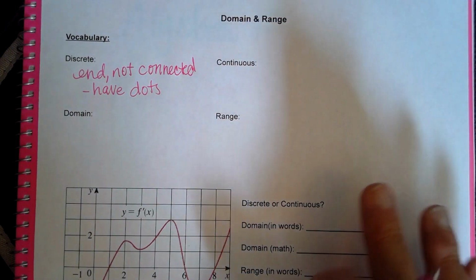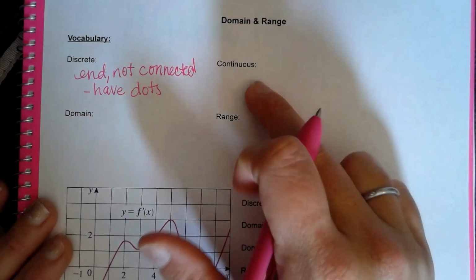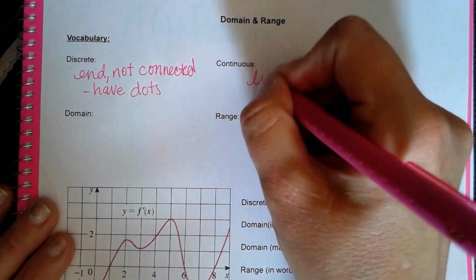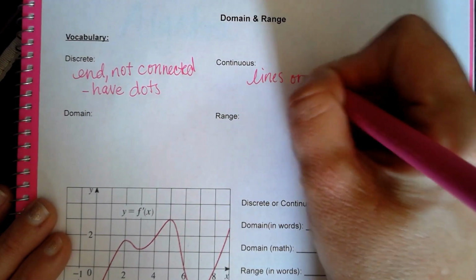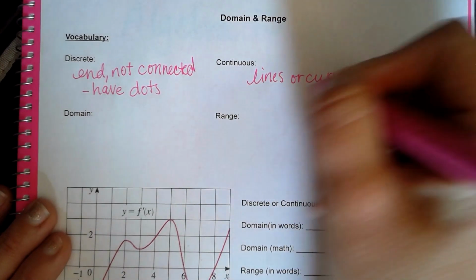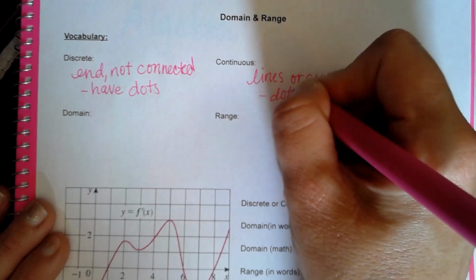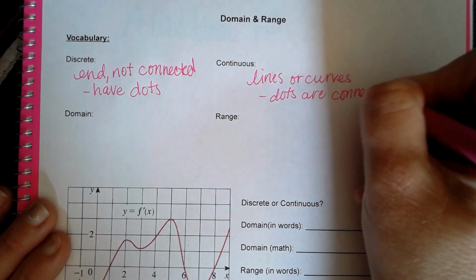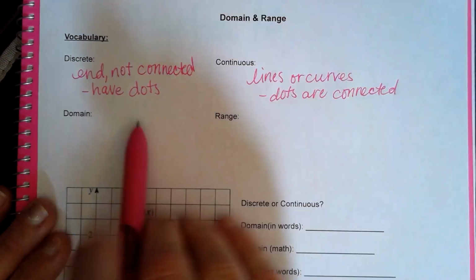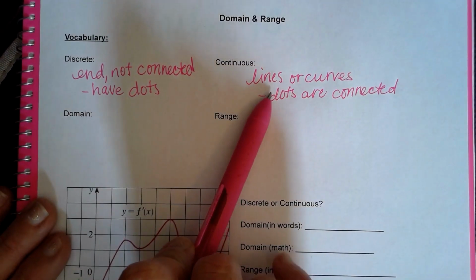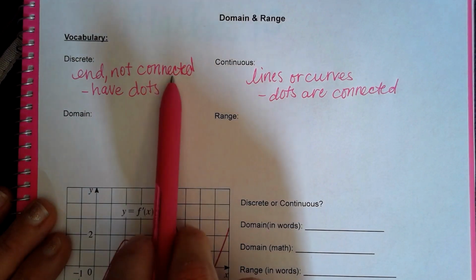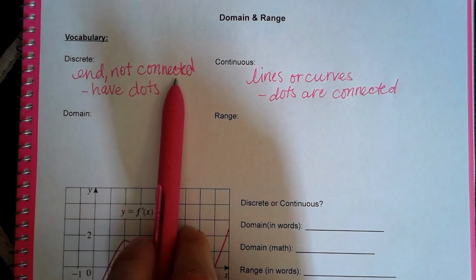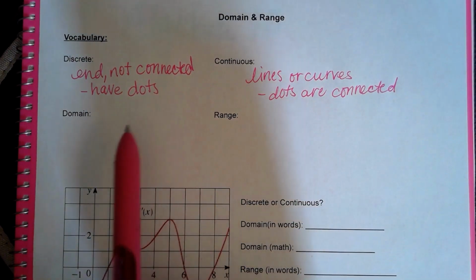Versus continuous are lines or curves where those dots or those points are connected. So that's the difference, is like you played connect the dots, that's what made it continuous. You didn't connect the dots, that's what made it discrete.